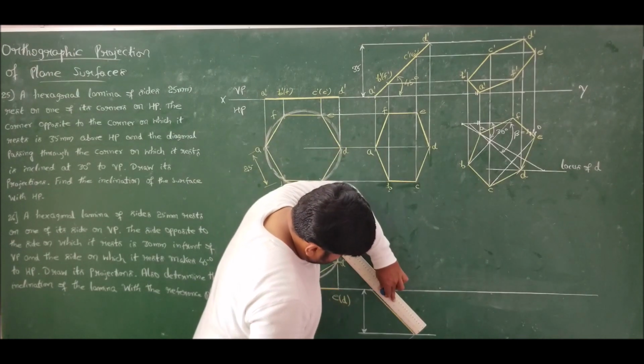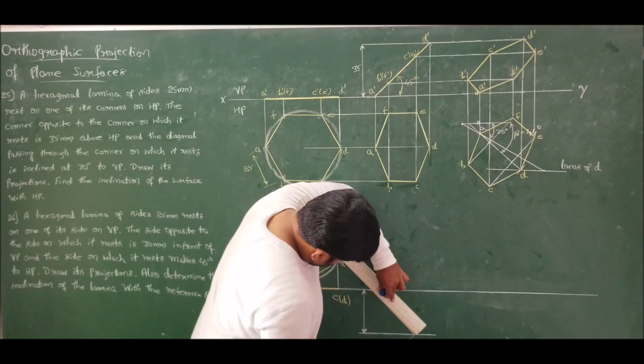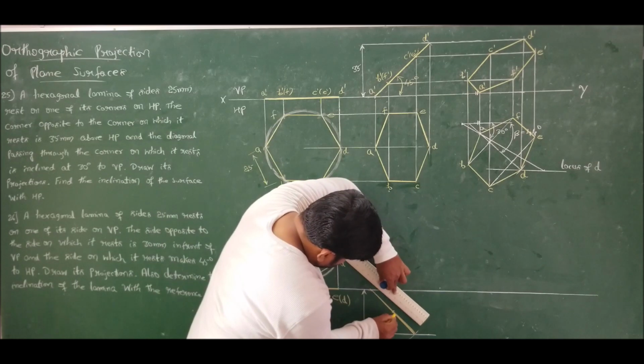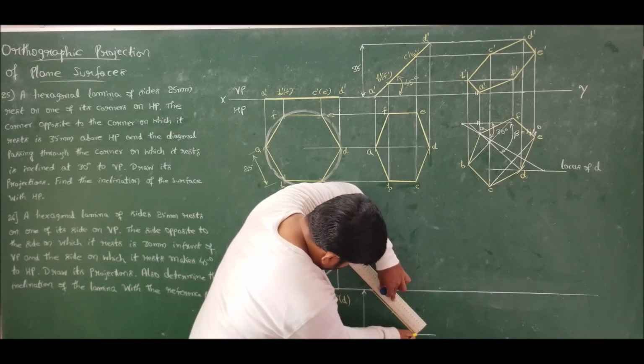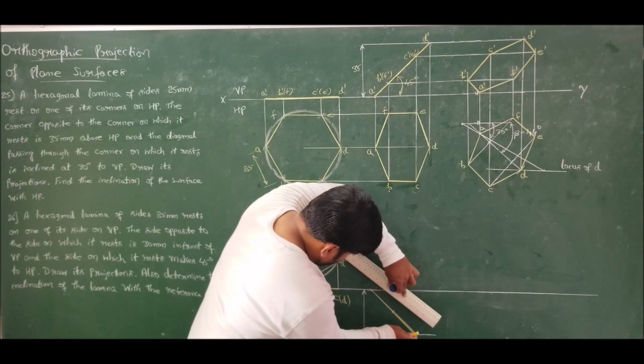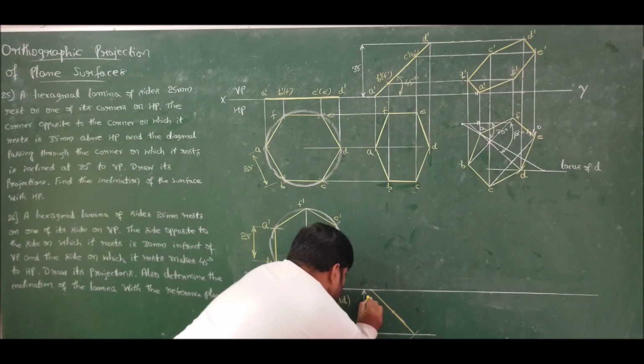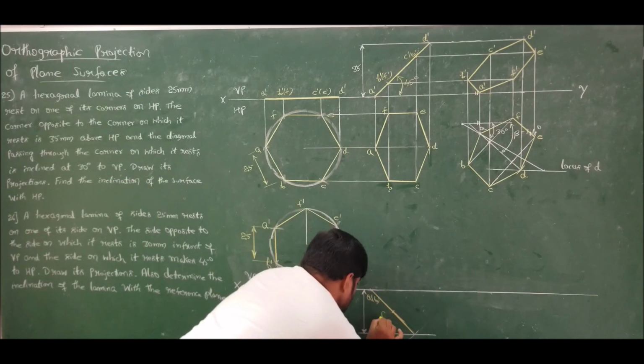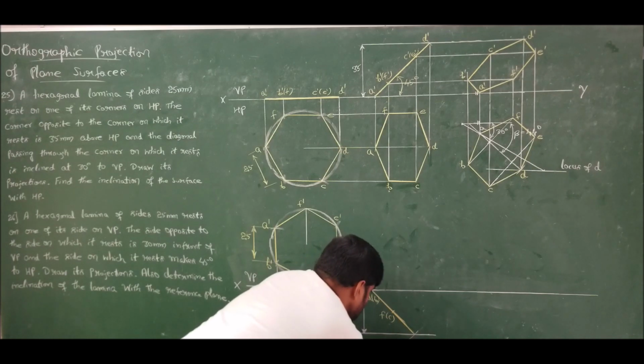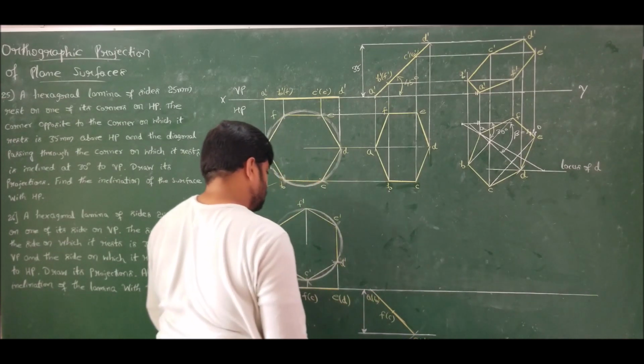Also mark the center of this lamina. Done. So this is AB, FC and ED. Clear?